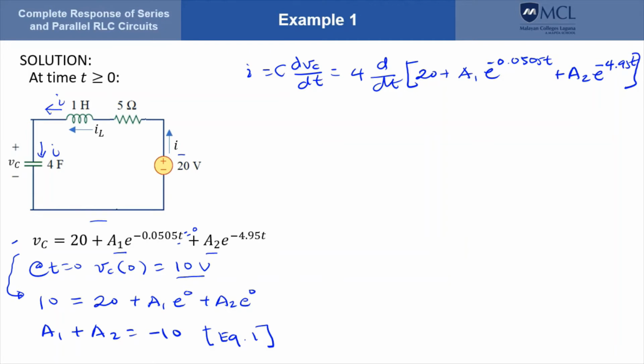Simplifying this, we will get I equals negative 0.202 A1 e to the minus 0.0505 t, and there is an A2 here, so minus 19.8 A2 e to the minus 4.95 t. Now I sub L is equal to I, so therefore this must be I sub L as well, right?